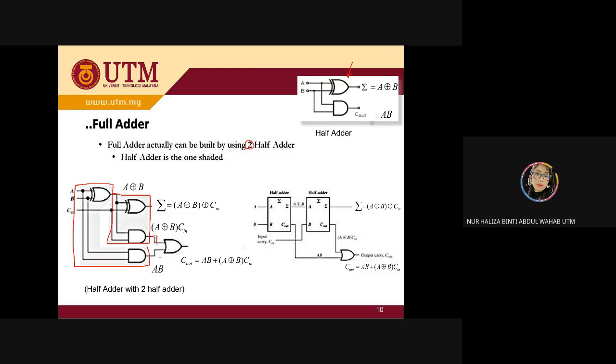Then you add these two half adders together using your output, using your OR gate. See, this is your OR gate. Okay, this is much more clear. You have half adders, and you add the outputs together. So this is the combination of your half adders. You're going to get your what? Full adder.